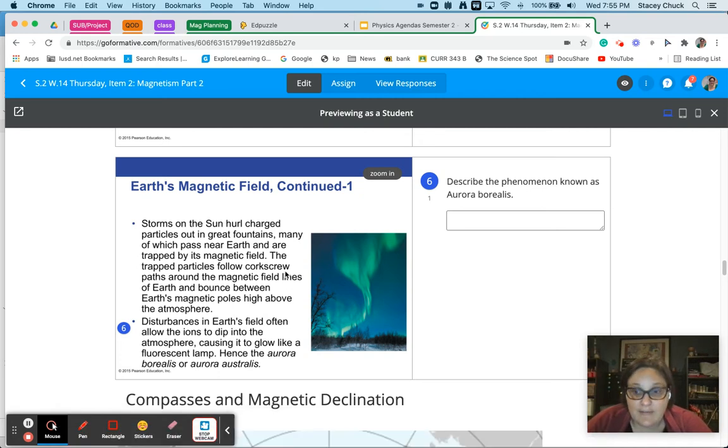And if we did not have the atmosphere, if we did not have the magnetic field around Earth, then those things would hit Earth. They would destroy our atmosphere and everything living on the planet. So the fact that the Earth has a magnetic core actually allows for life to exist on Earth.